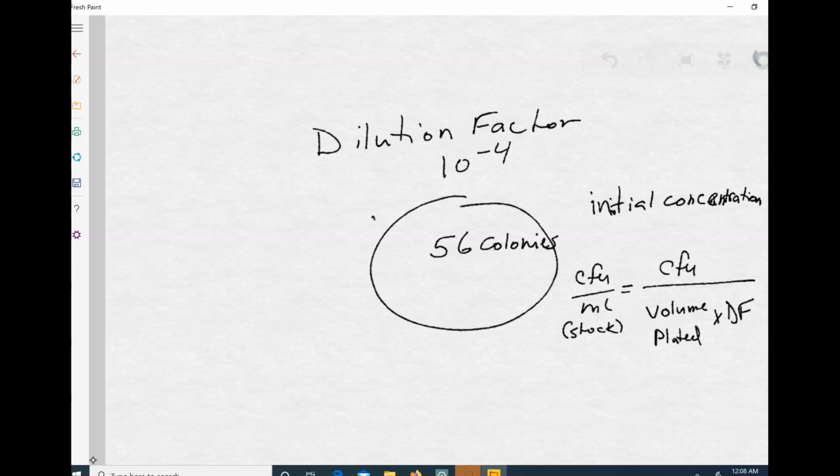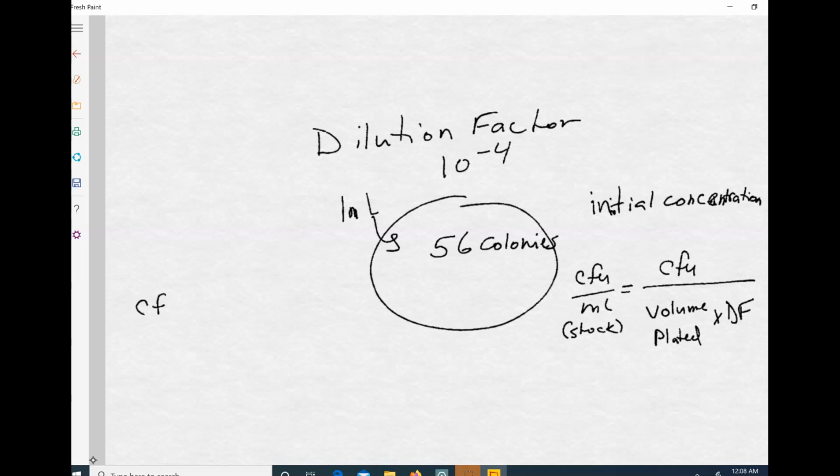We're going to imagine that we had put 1 milliliter on. If you put 1/10 of a mL, 0.1 mL, you would end up with 10x fewer colonies. But your directions call for putting 1 mL onto the plate, so we're going to imagine that.